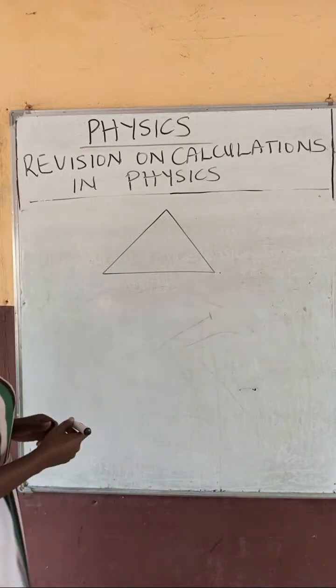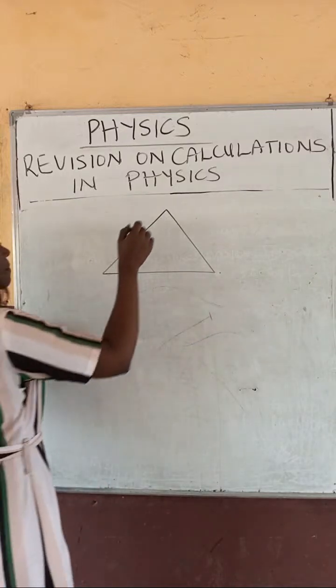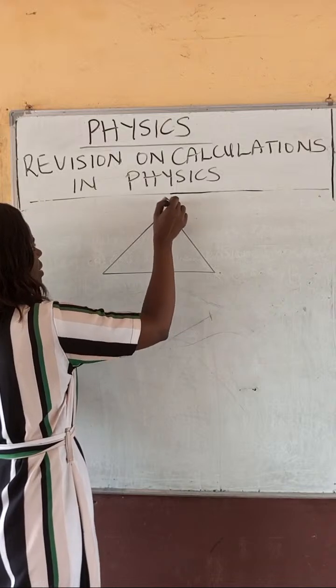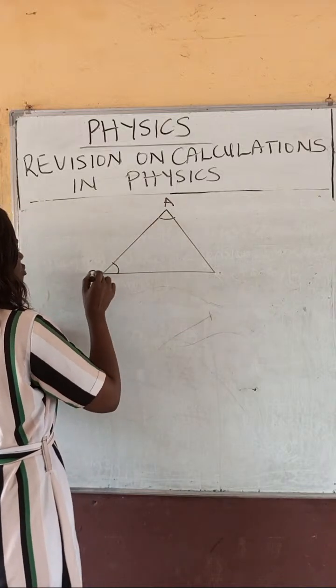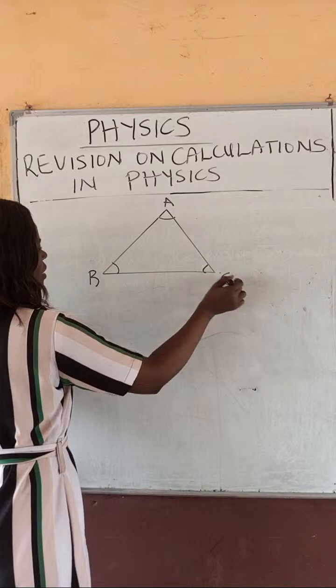This is a triangle. This is angle A. This is angle B. And this is angle C.